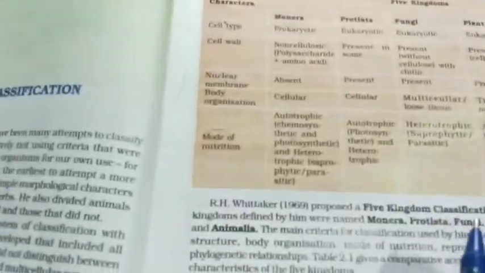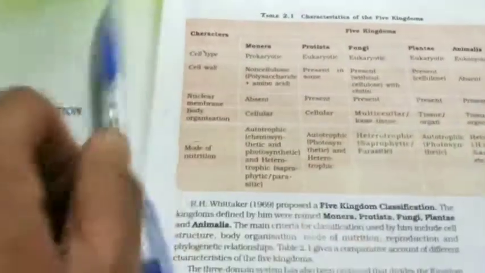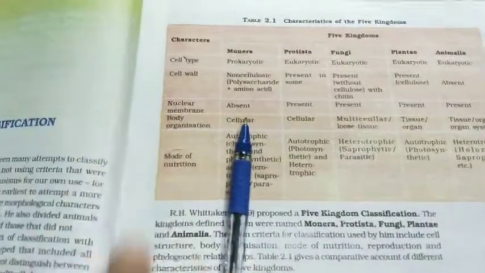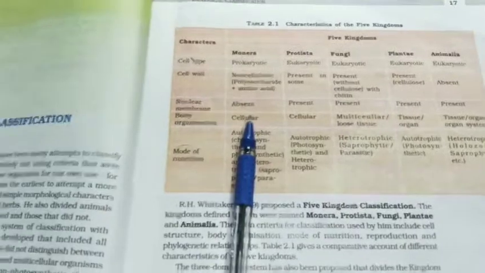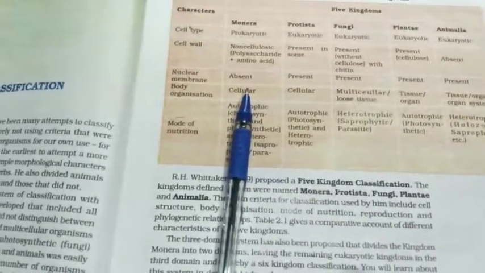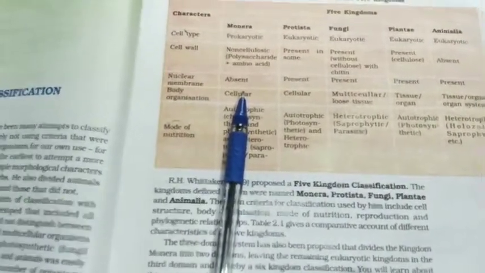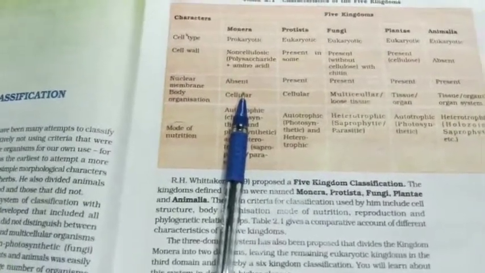Some of the plants are of tissue level organization, while others are of organ level organization, like in case of algae having a tissue level or cell level, while in case of pteridophytes and bryophytes, it may be a simple tissue, and in case of gymnosperms and angiosperms, it can be at organ level of organization.